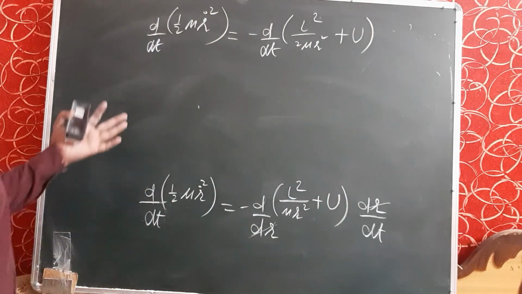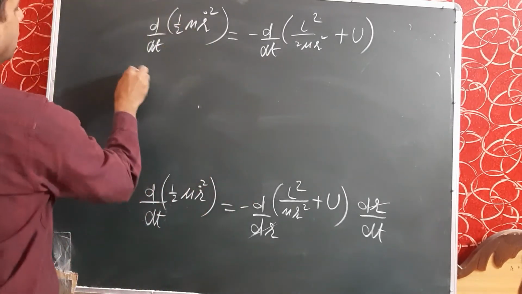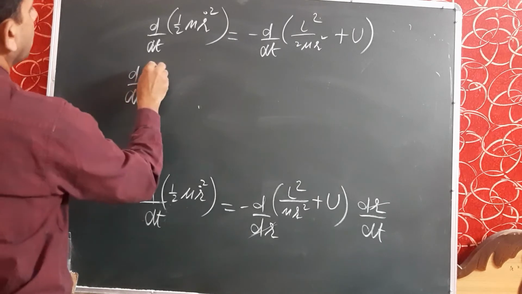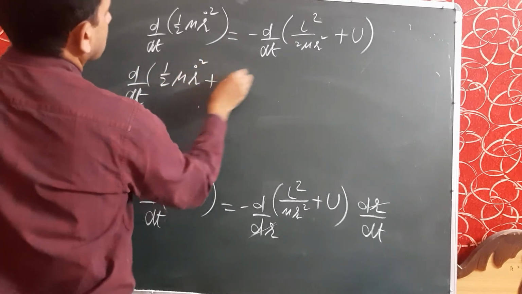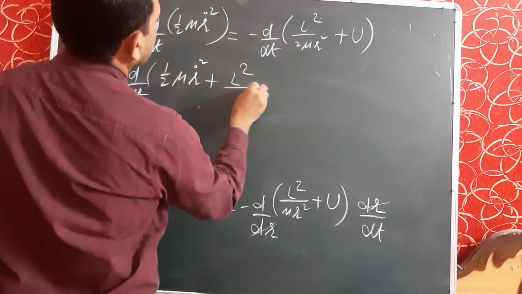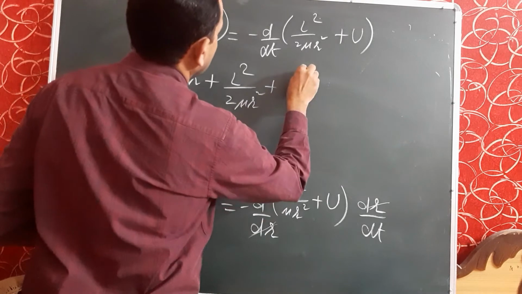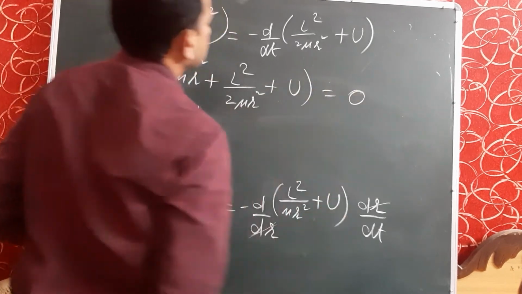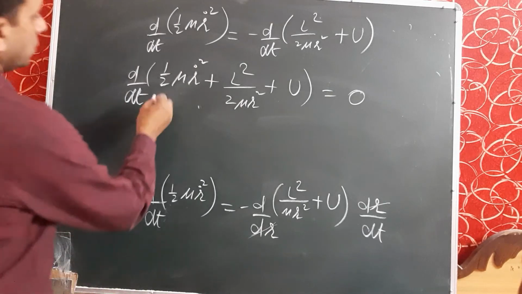Now take all the terms from the right hand side to the left hand side, and we will get d/dt of half mu r dot square plus L square upon 2 mu r square plus u is equal to 0. Now, what is this?